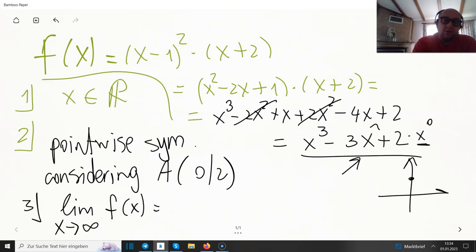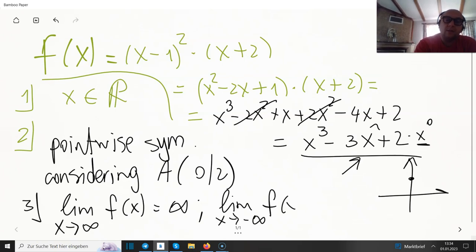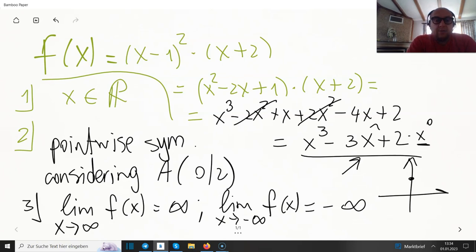And if x is running towards minus infinity, we are going to have minus infinity here as well, because if we put very big negative numbers, the result is a very big negative number as well. So we're coming from downstairs, doing whatever, and coming up.